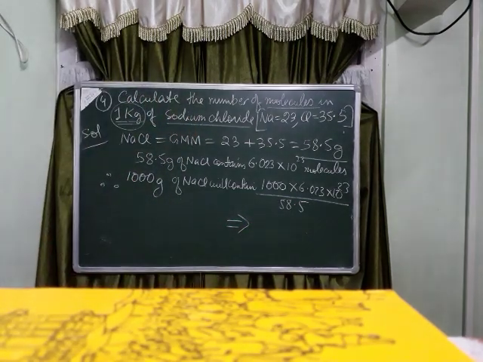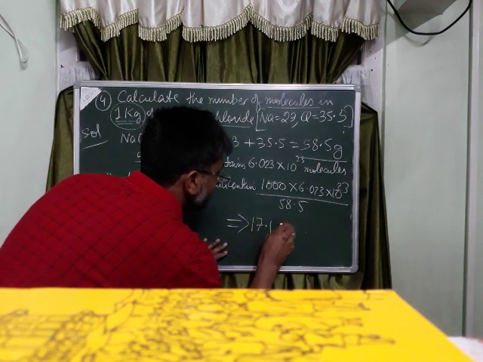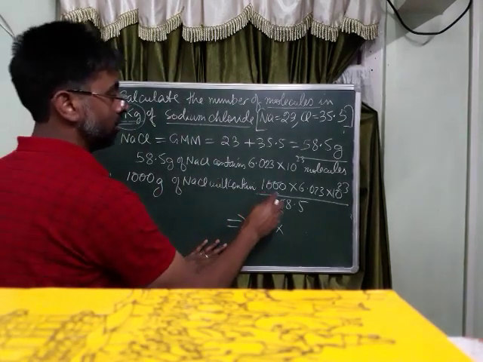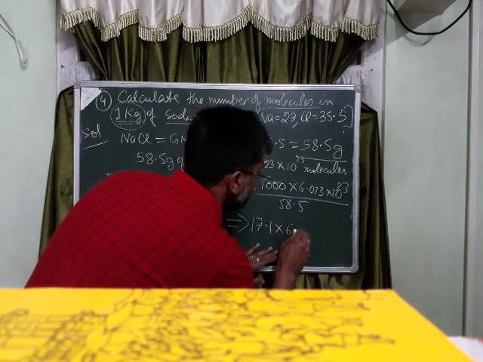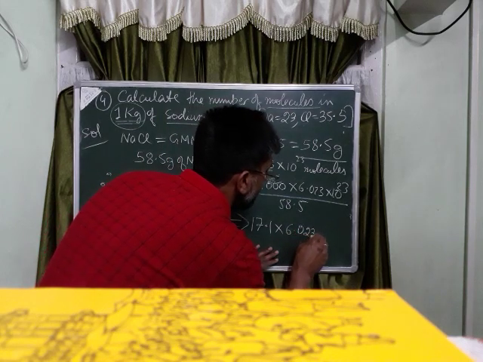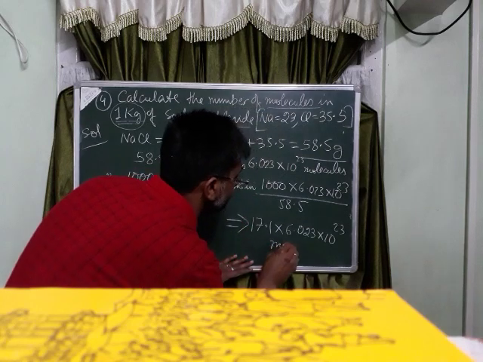Upon simplification, we get 17.1 into 6.023 into 10 to the power of 23 molecules.